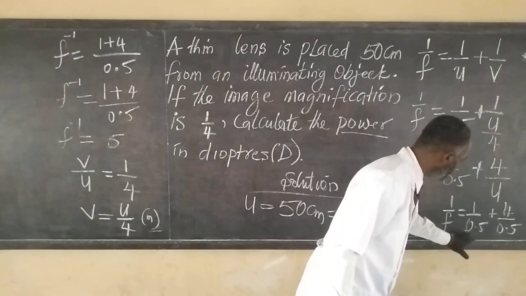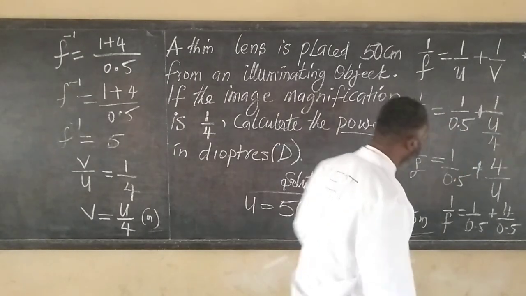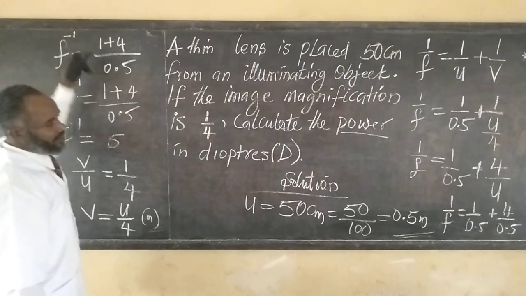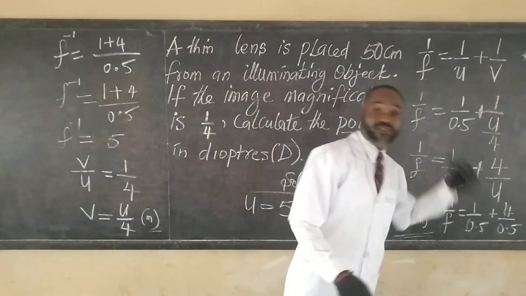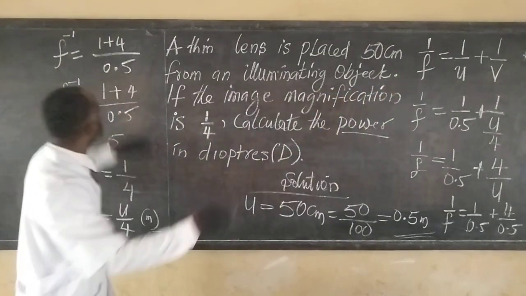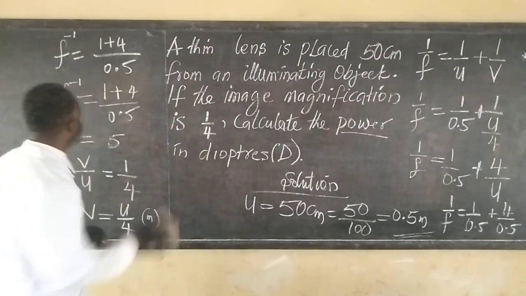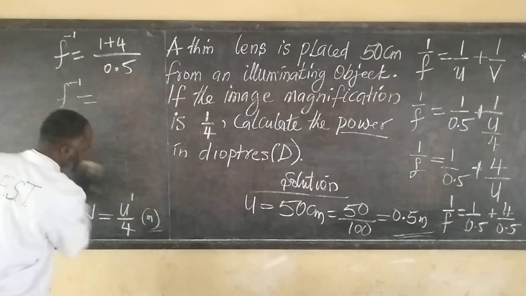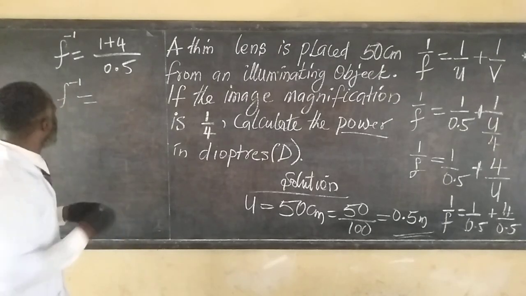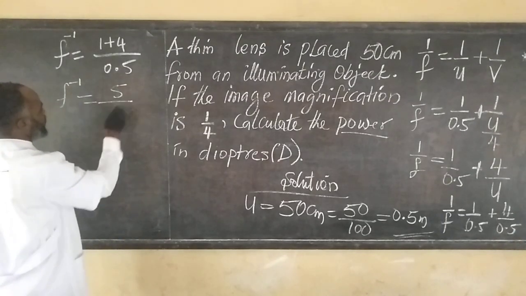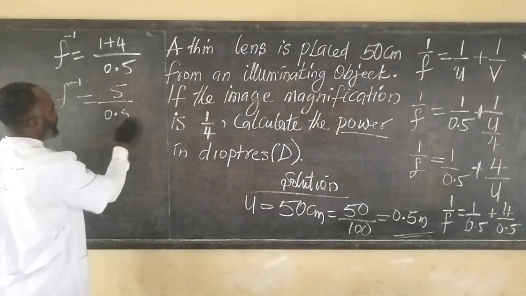The LCM of this is 0.5. 0.5 divided by 0.5 is 1, times 1 is 1. Again, 0.5 divided by 0.5 is 1, times this, that's 4. So this should be 5. No more wasting time. Let's look at this point. This becomes 5 all over 0.5.